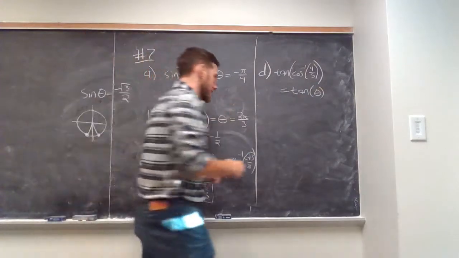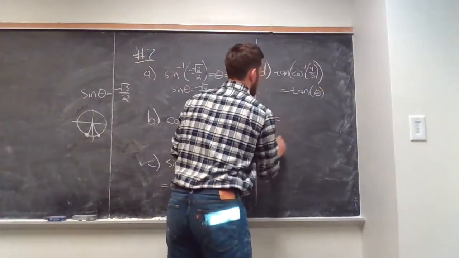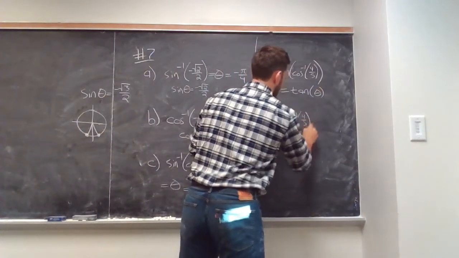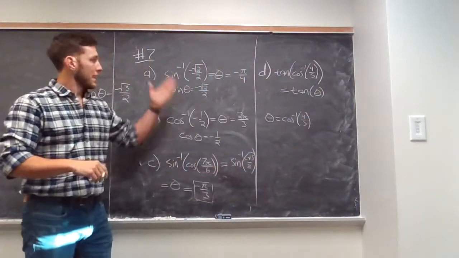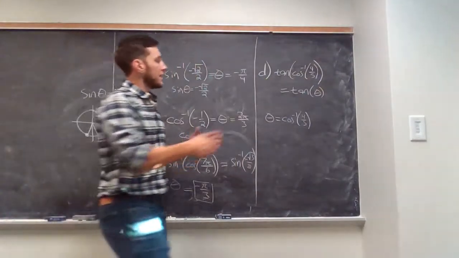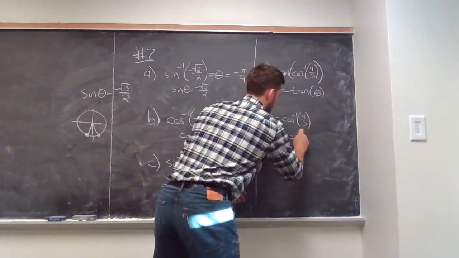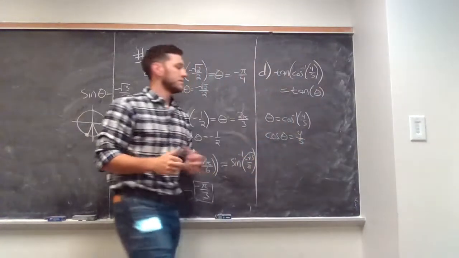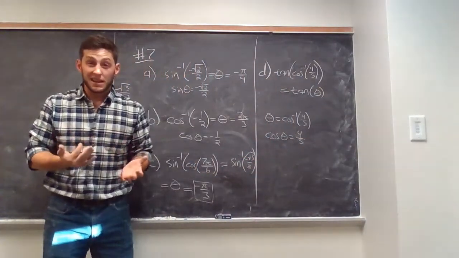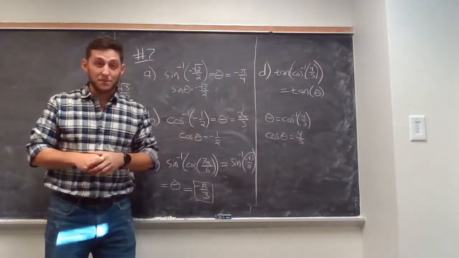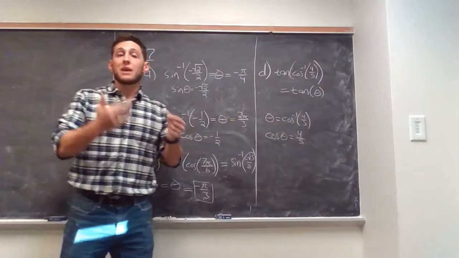What I did there is I said theta equals inverse cosine of 4/5. Well, we've done that before over here. Let's swap it around: cosine of theta equals 4/5. It would be nice if I just knew what tangent was from that, but what we can do is use a right triangle.